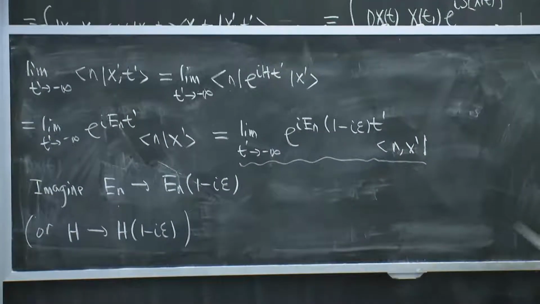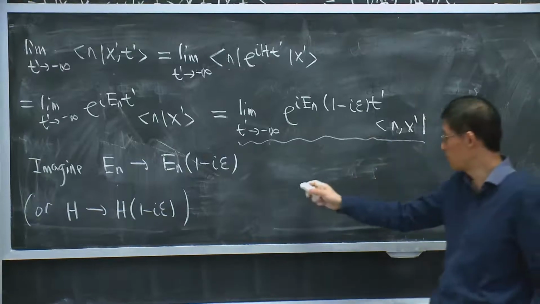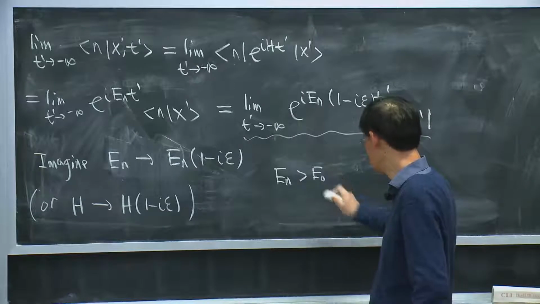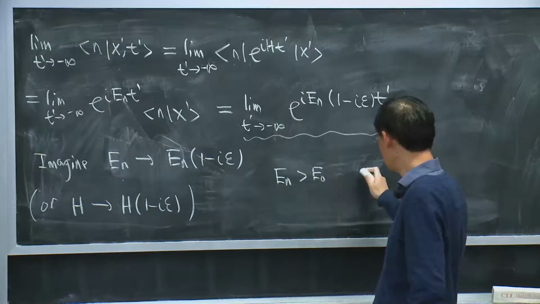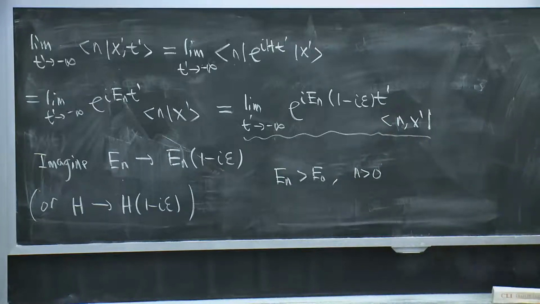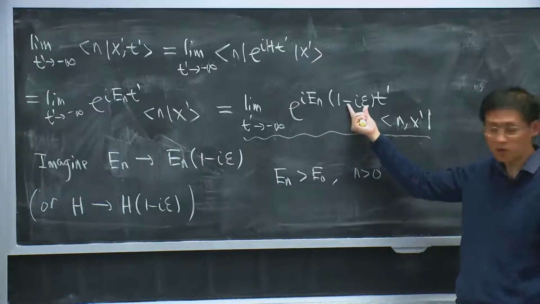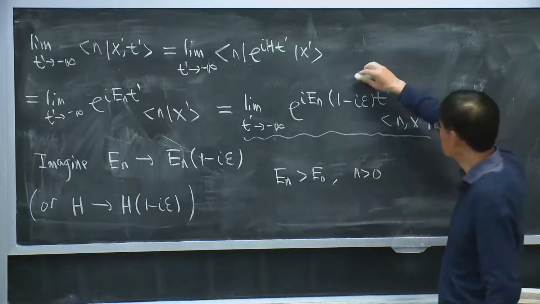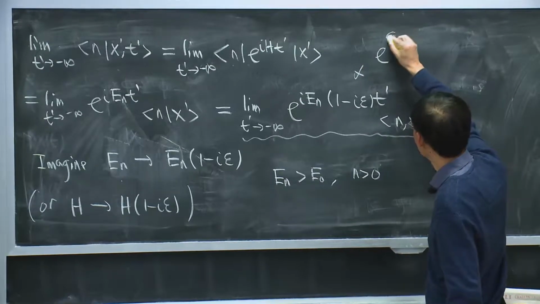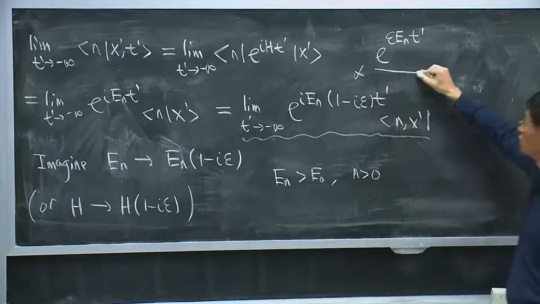Suppose we normalize our state so that, by definition, En is greater than E0 for n greater than 0. The effect of putting an epsilon here, when you multiply it, is to give you a real factor like e^(εEn t prime).